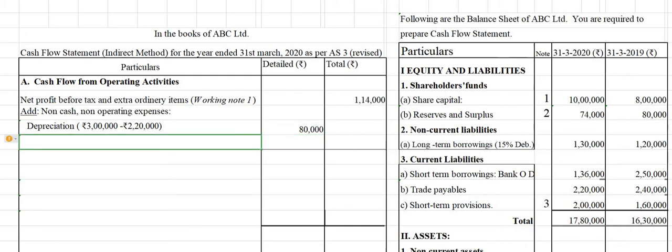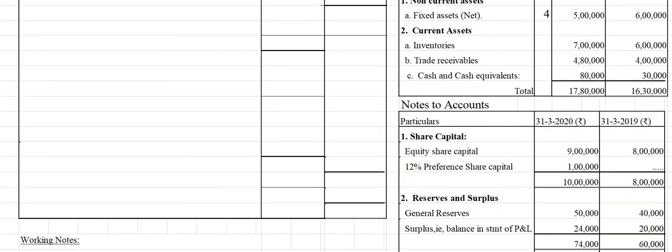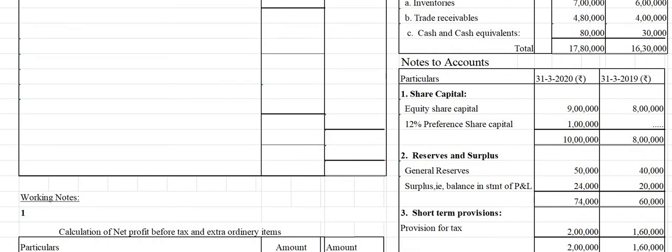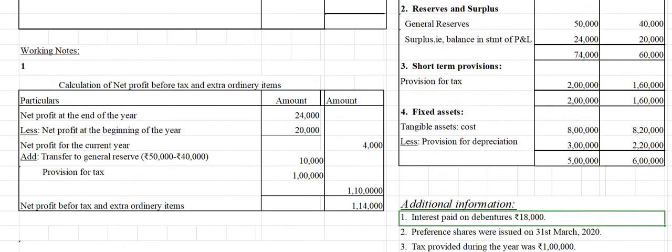Next, after that, another non-operating expense, interest on debentures. Here in the adjustments, interest paid on debentures is 18,000.